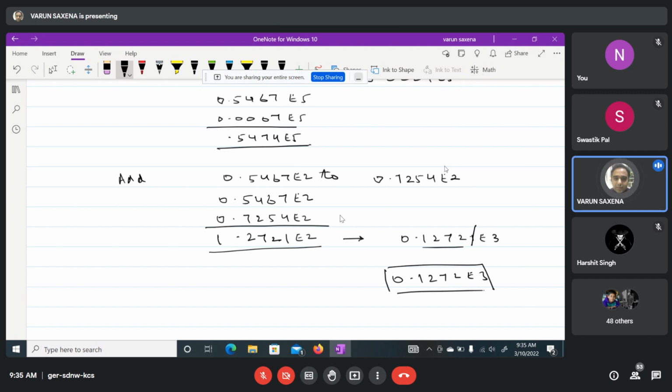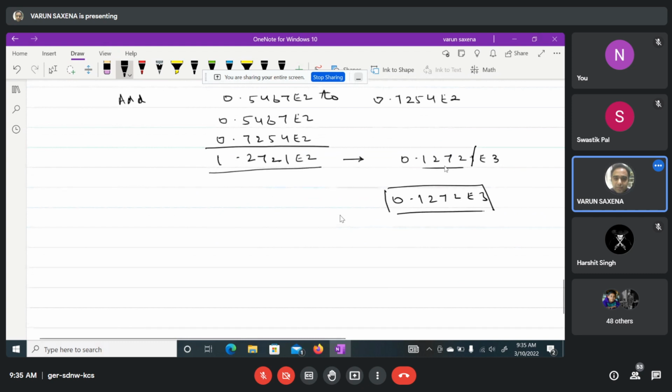Let's look at another example. It will be interesting to see what you tell me in this example.